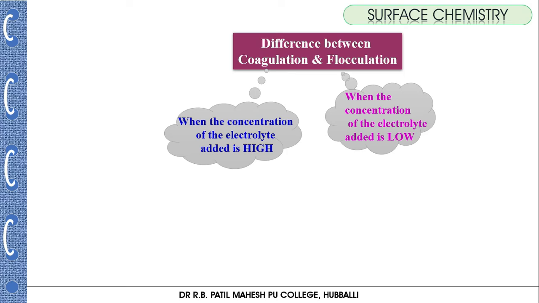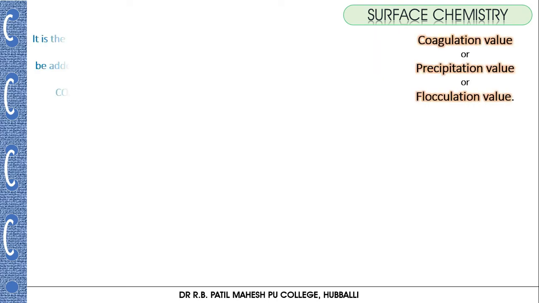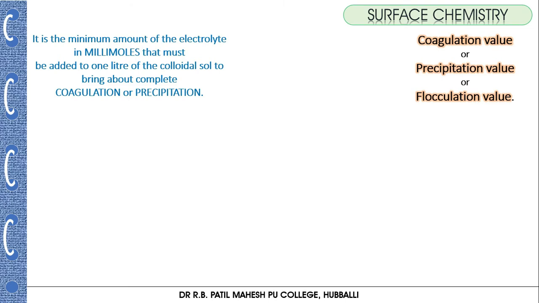So hence the coagulation value or flocculation value can be defined like this. It is the minimum amount of electrolyte in millimoles that must be added to 1 liter of the colloidal sol to bring about complete coagulation or precipitation.